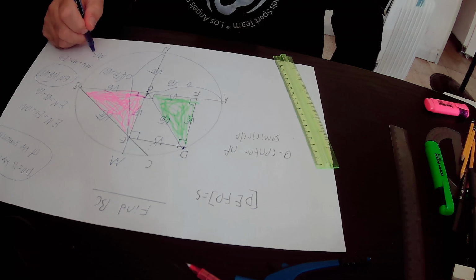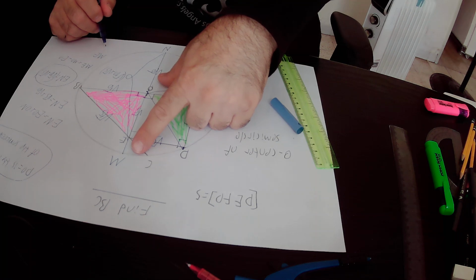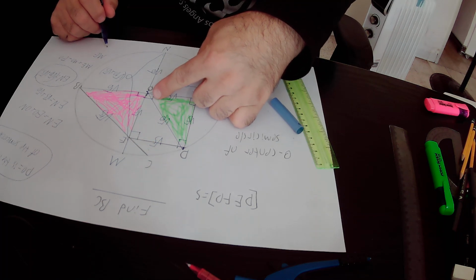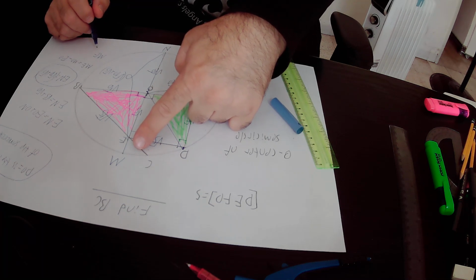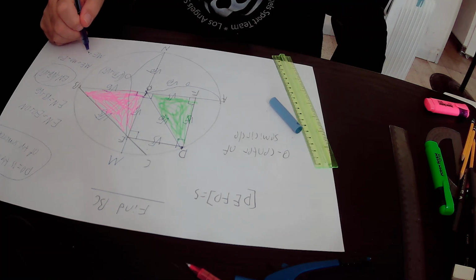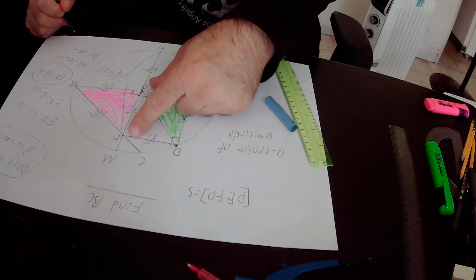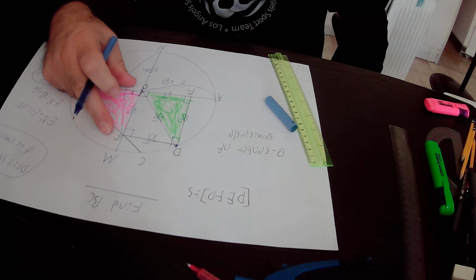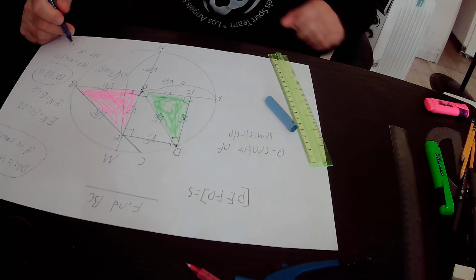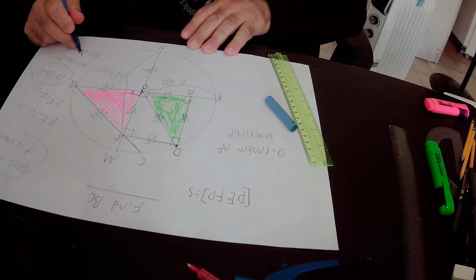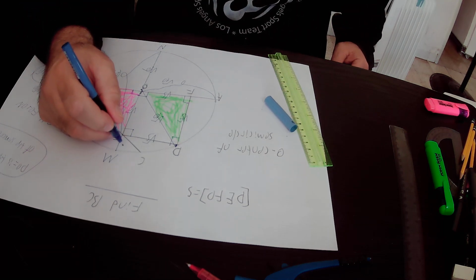MO is the radius of the semicircle because it starts from the center of the semicircle and ends at point M, that is a point on the semicircle itself. Therefore, MO is the radius of the semicircle that is equal to the square root of 10 units minus EO. We have already found out that EO is one side of square DEFO that is equal to the square root of 5 units. So in conclusion, ME equals the square root of 10 units minus the square root of 5 units.